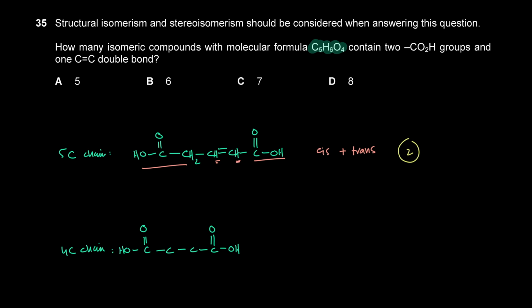Now this is a branched chain, so we can have a branch on this carbon or on this carbon, and that would be the exact same thing. And then of course, we are going to have a double bond over here. Again, the double bond can't go here or here.